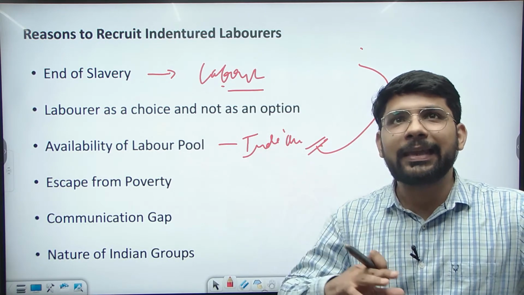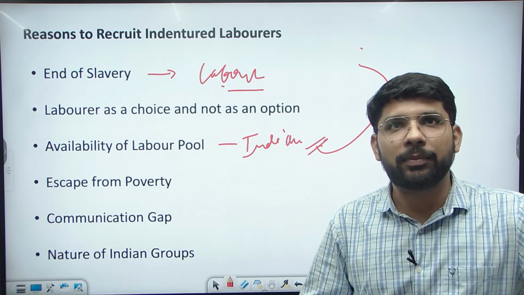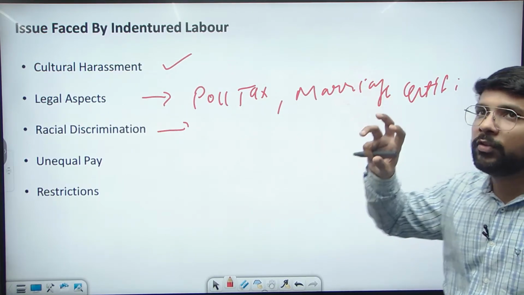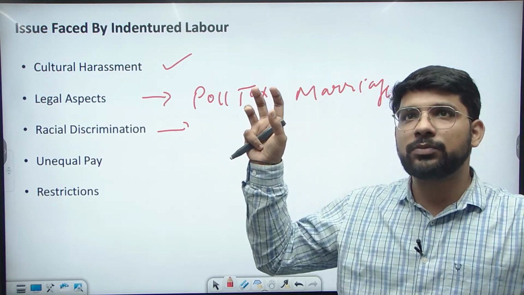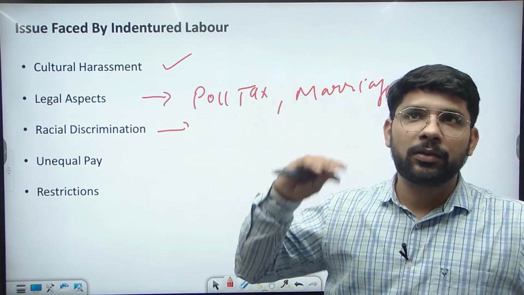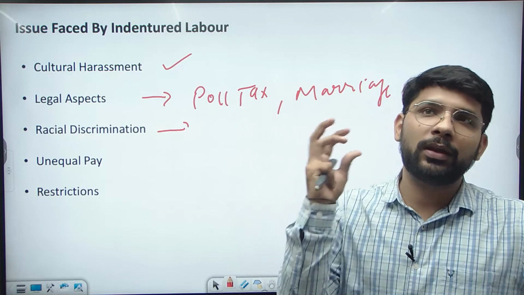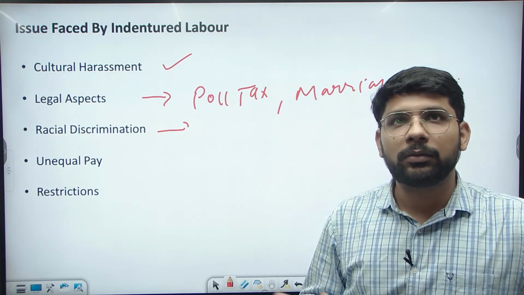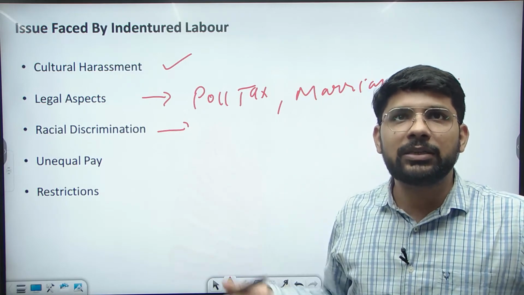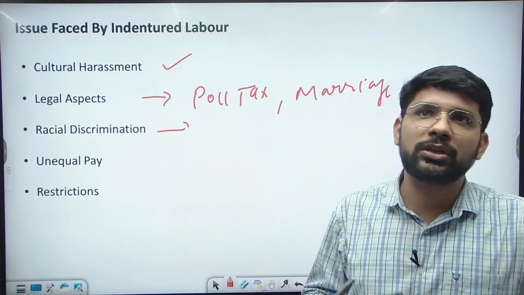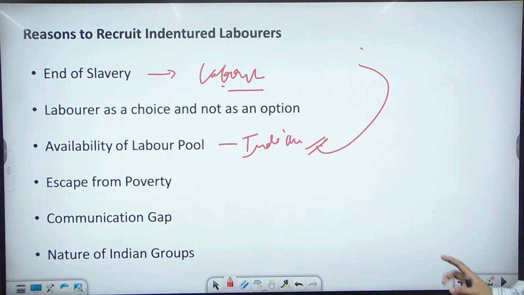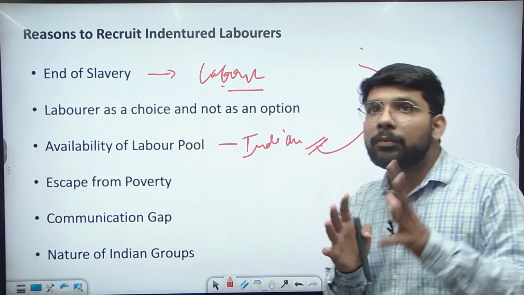So you can write here the reasons for recruitment of indentured labor. First we discussed the issues faced by the indentured labor, the cultural harassment. You cannot wear this, you cannot wear your pagadi, you cannot wear your religious symbol, you cannot keep the beard. So we saw these cultural, legal, racial restrictions. Then we focused on the main demand, the reasons for recruiting indentured labor.